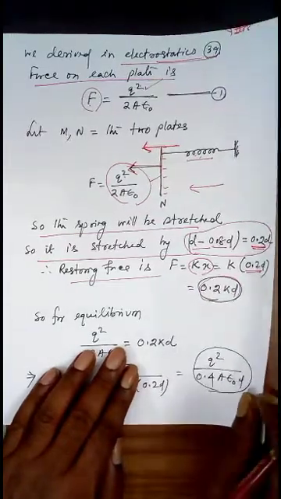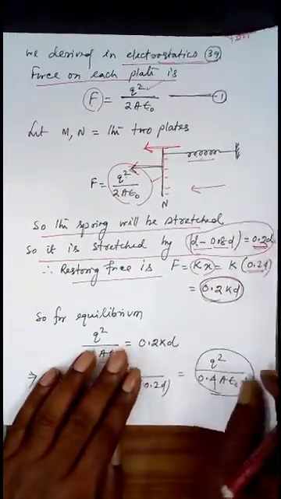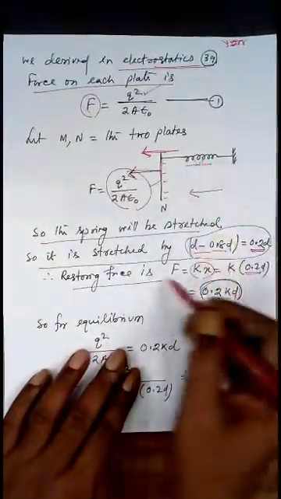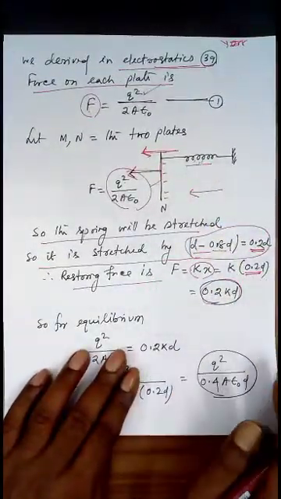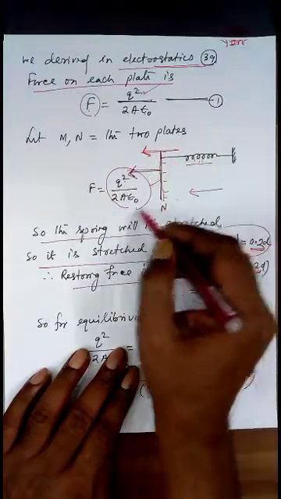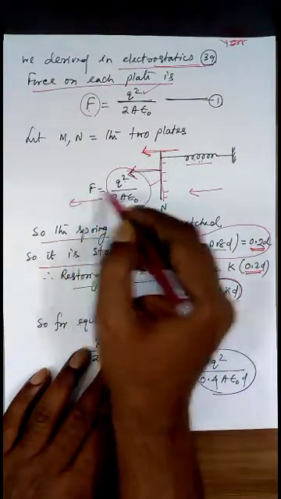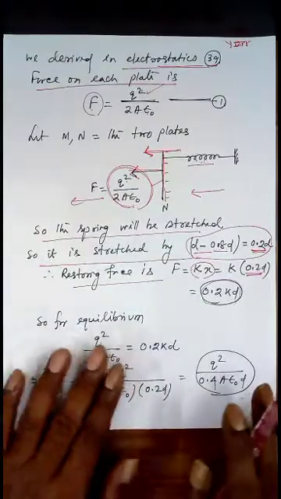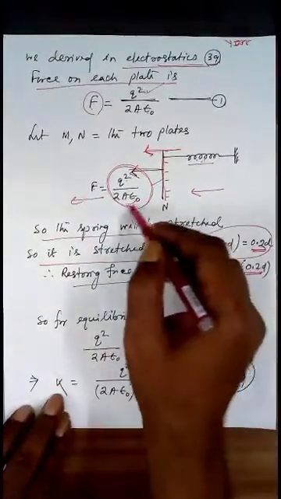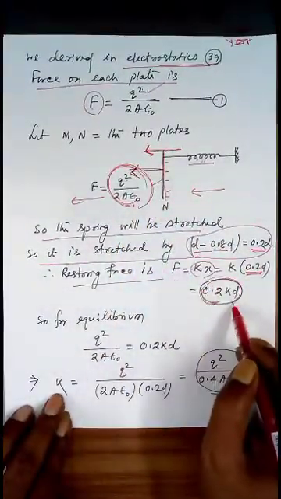Now for equilibrium, the spring has been stretched by this much and the plate remains as such with this much force to this side. So for equilibrium to exist, the two forces must be equal and opposite.